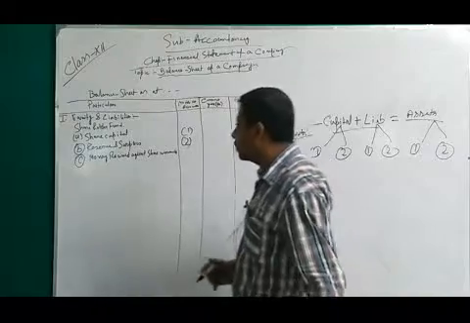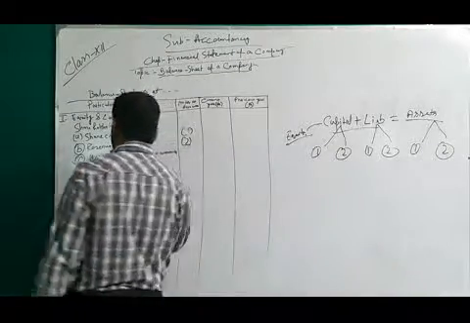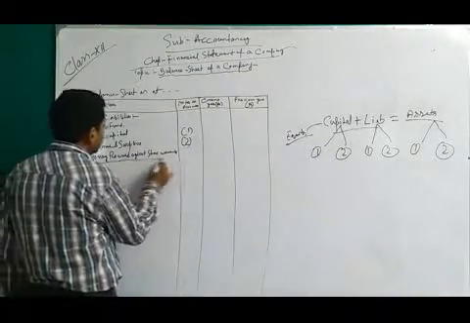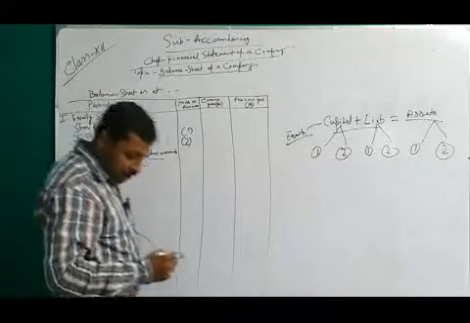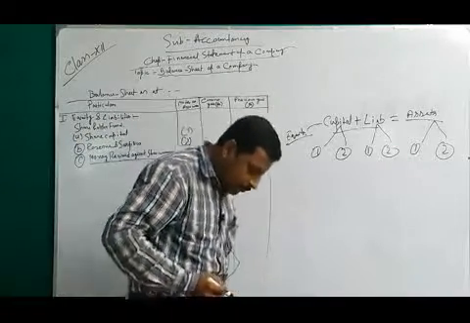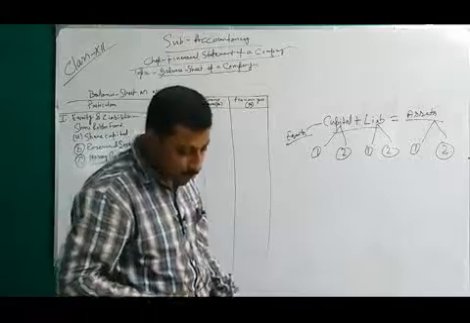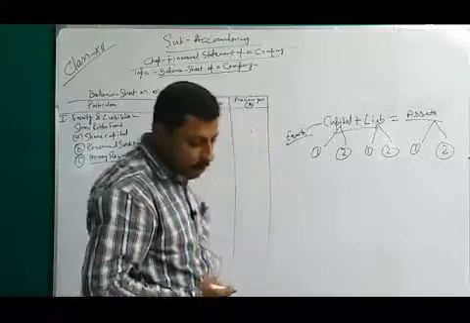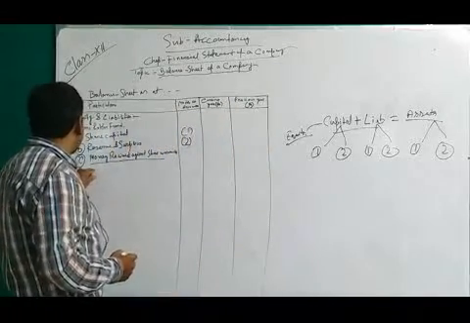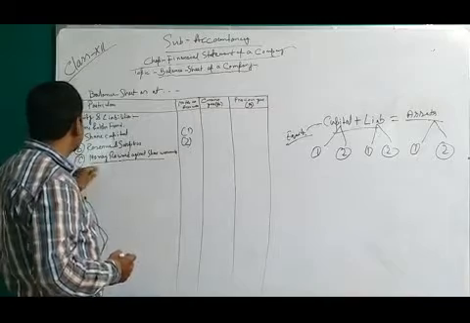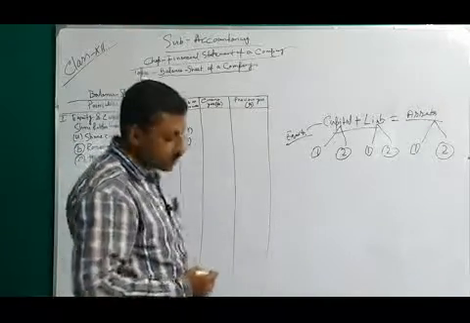This is actually not in your syllabus. You cannot find these things in a practical question in your examination. So this is not very important to you, but you should know what it is. This is one of the things that come under equity and liabilities: money received against share warrants.